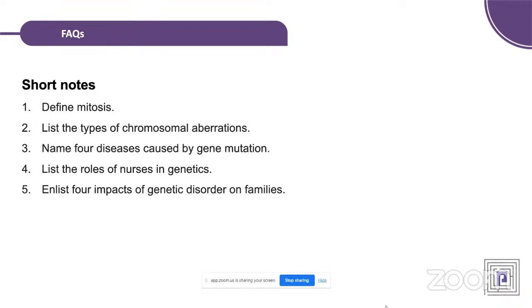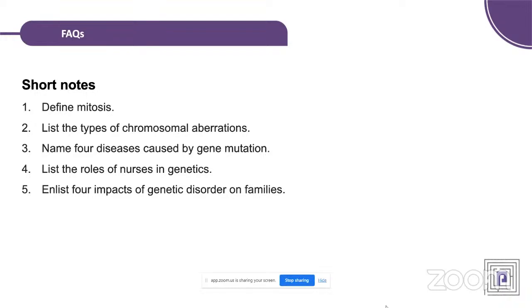Structural means there will be deletion of genes, adding of genes, inversion of genes, and translocation of genes from one chromosome to another chromosome. In numerical, the number of chromosomes will be different. Like we're all diploid, right? 46. In these aberrations, some persons will have 47, 49, like that.